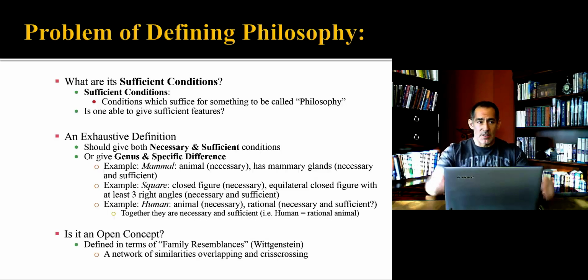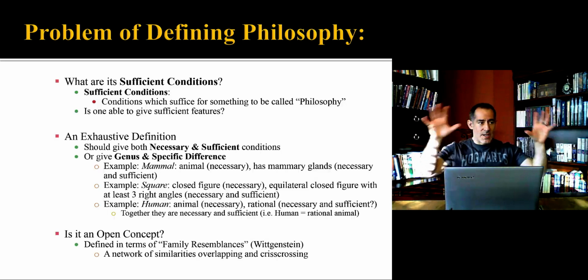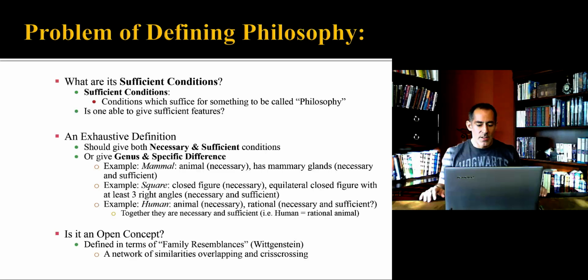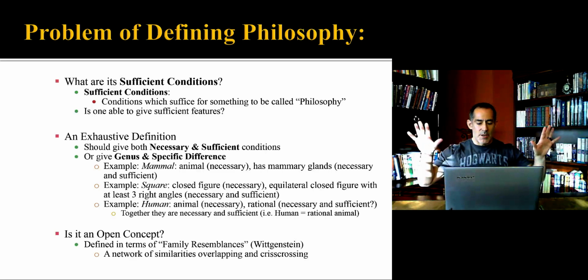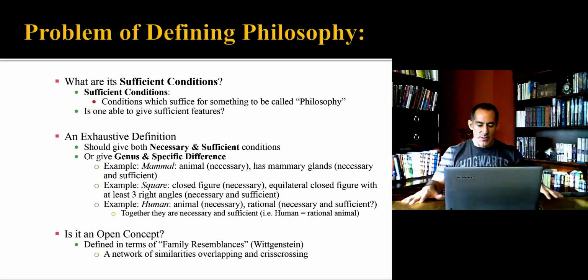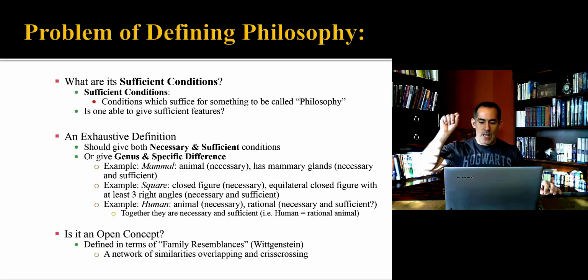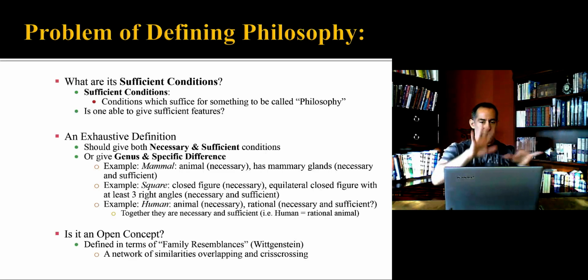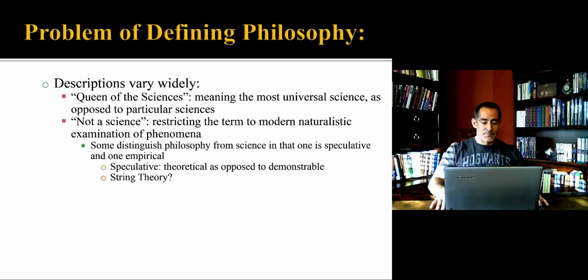So you may talk about different parts or areas of philosophy or different types of inquiry that we consider philosophical. Family resemblances might be this network of overlapping characteristics, kind of crisscrossing. Similarities, where maybe not every single thing in that group has any one feature in common. Maybe it's a collection of features that, like I said, overlap. Maybe that's the best we can do with philosophy.